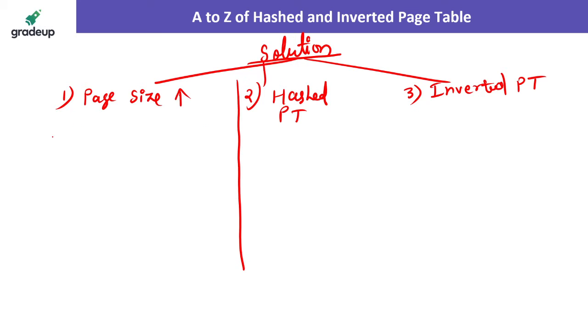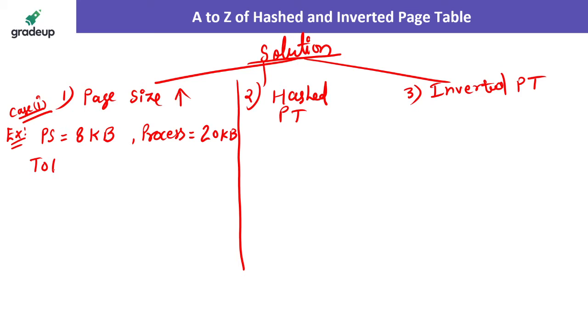If I increase the page size, again I take an example. Suppose I'm taking two cases. In case number one, I'm assuming the page size is 8 KB and the process is 20 KB. Now how many total pages will there be?